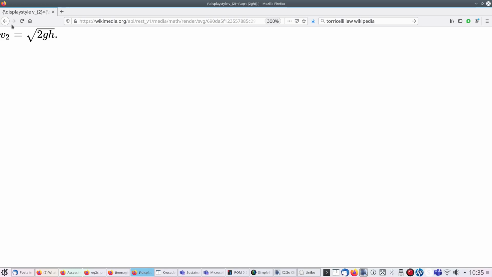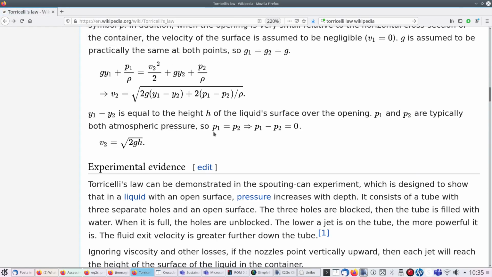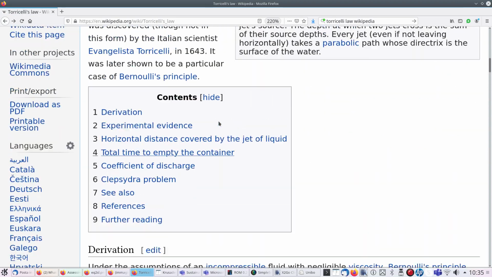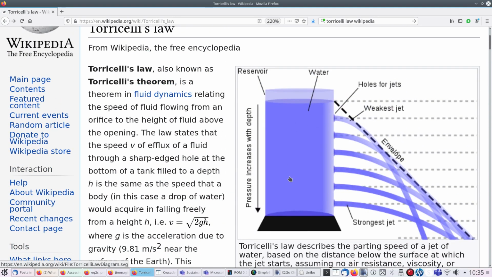Let me go back to the previous page, because there is a figure that is interesting here. You see that there is a tank, which is our catchment, with holes, and Torricelli's law gives the velocity of the flow through these holes depending on the water level above the hole.